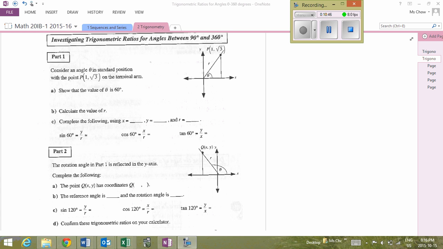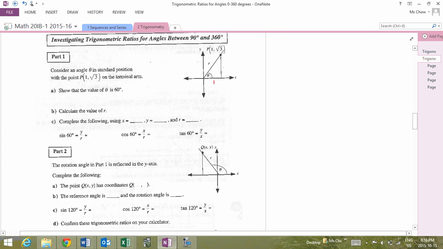We can figure out what r is first and then look at either sine or cosine, but essentially since we know point P is (1, root 3), that tells us our x value is 1 and our y value is root 3, or also our adjacent and our opposite with respect to angle theta. So that's the same as tangent. So what we could say is tangent of 60 degrees, and determine what that is.